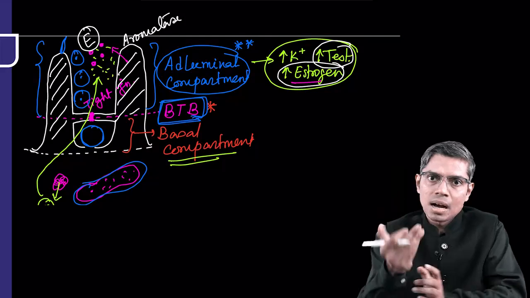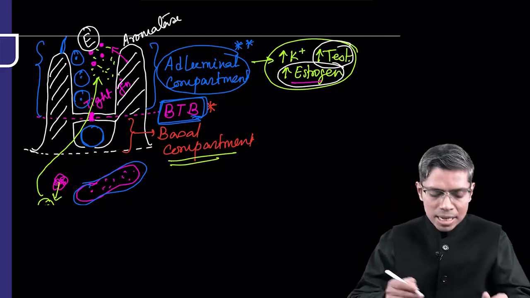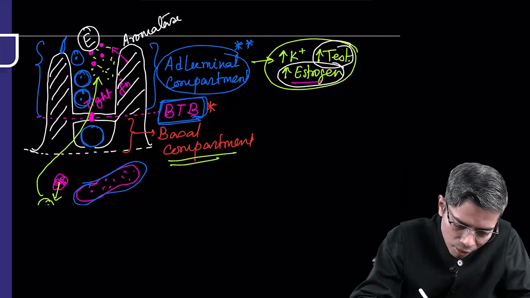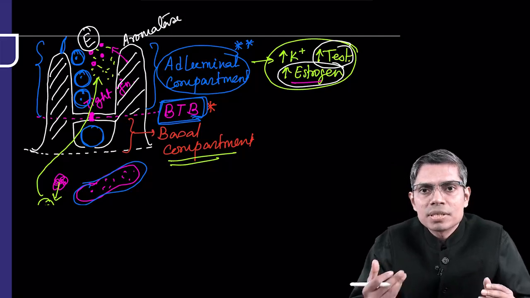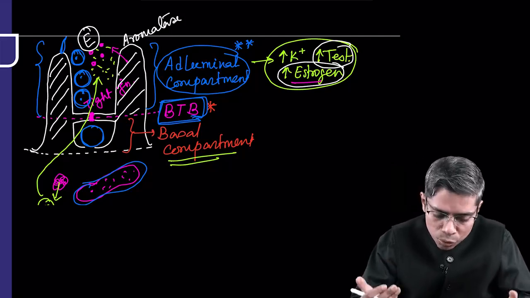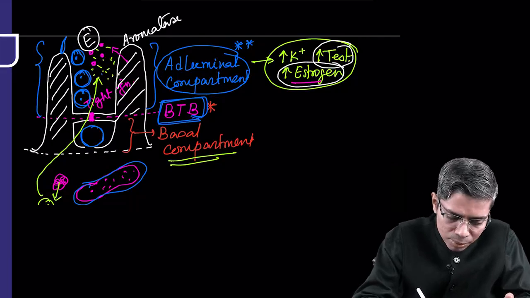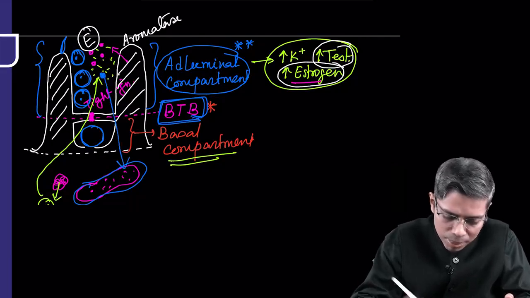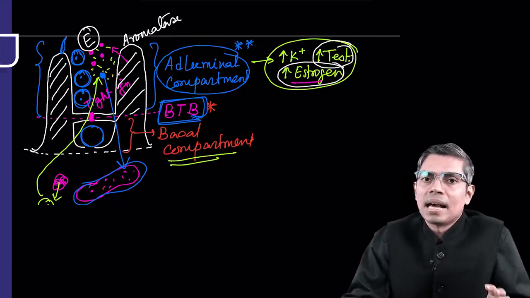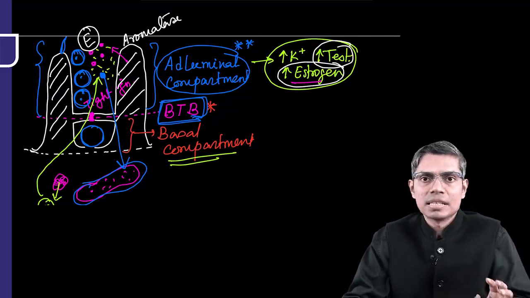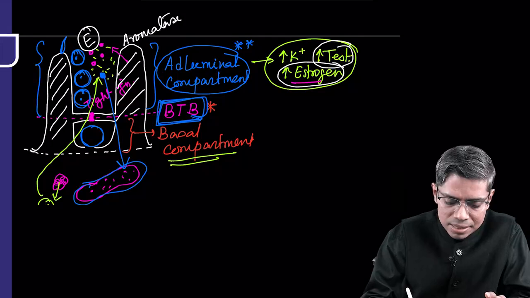Not only that, the other way is also true. What is the meaning of that? When spermatogenesis is occurring inside this adluminal compartment, there will be production of certain antigens, and if those antigens enter from the adluminal compartment into the blood, then a serious immunogenic reaction can happen, and that immunogenic reaction is again prevented by the blood testis barrier.